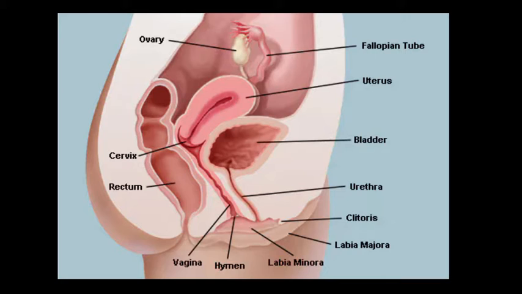Then they are transported to the fallopian tube, where fertilization occurs. Then the fertilized egg moves to the uterus, where the uterine lining, which is very thick, which we call the endometrium, responds to the normal hormones of the reproductive cycle.